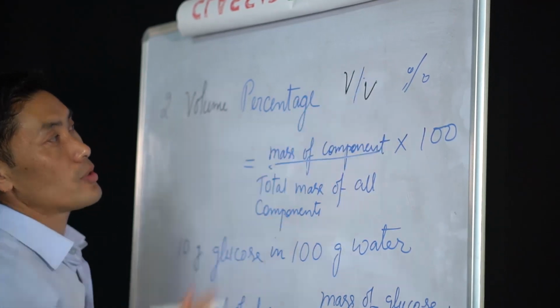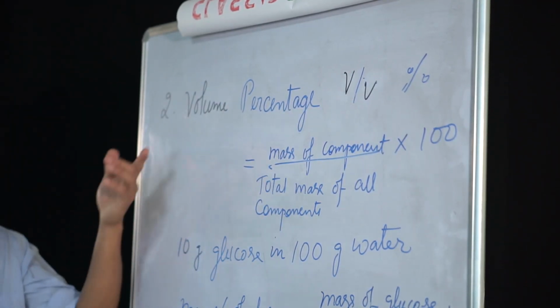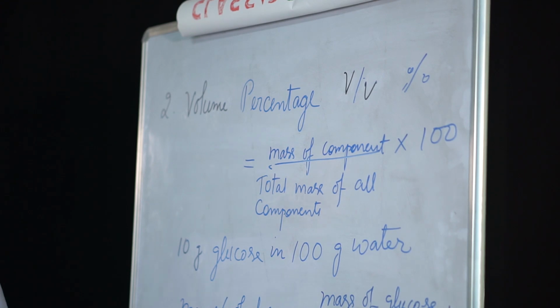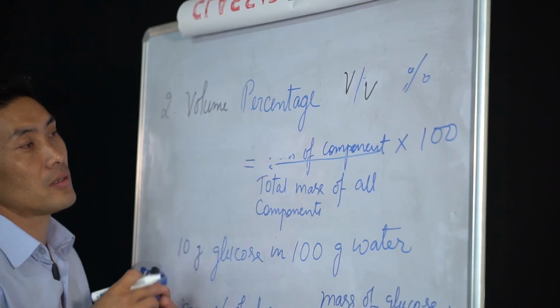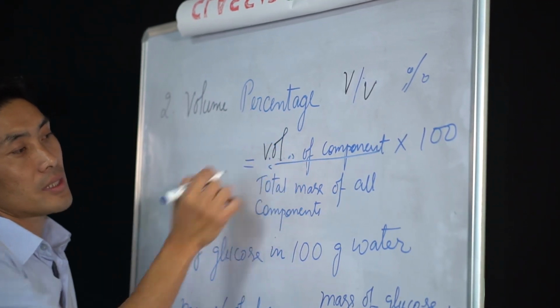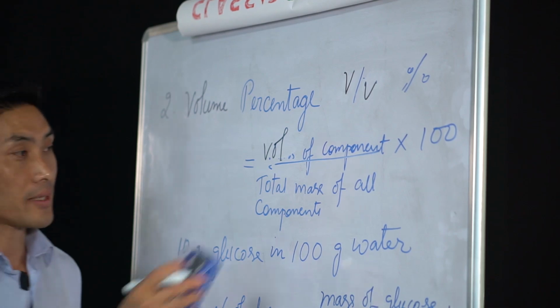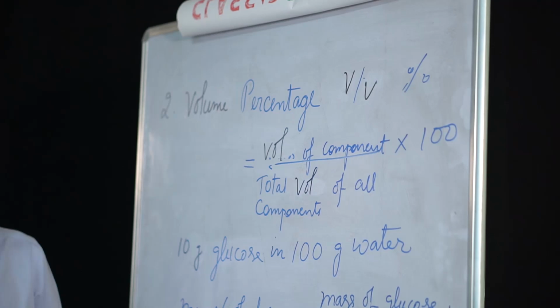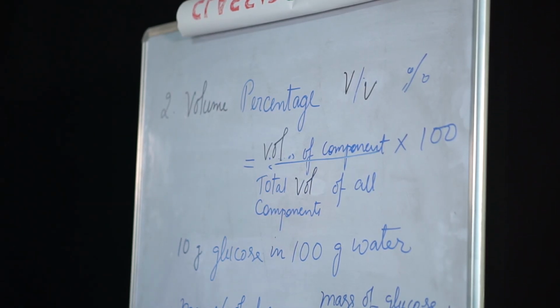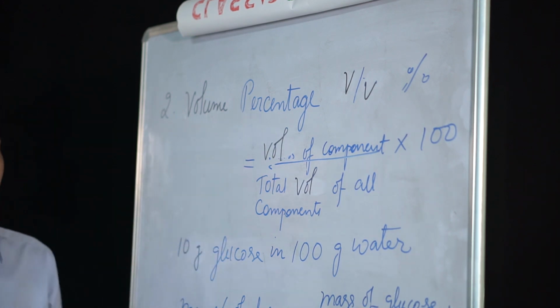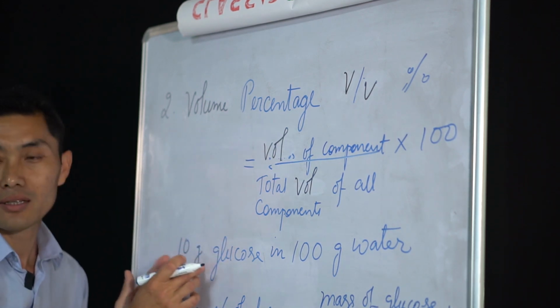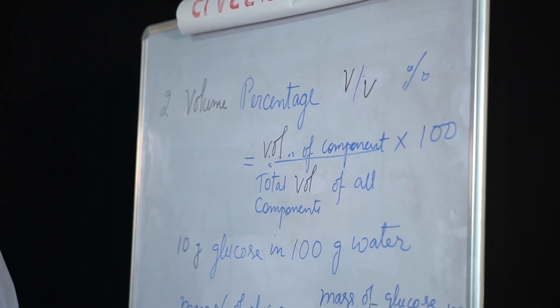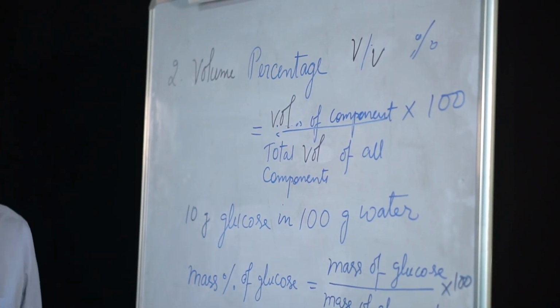So volume percentage of any component in the solution will be given by volume of the component divided by total volume of all the components, multiplied by 100. If you are going to calculate volume percentage, then this should be given in volumes, not in masses.